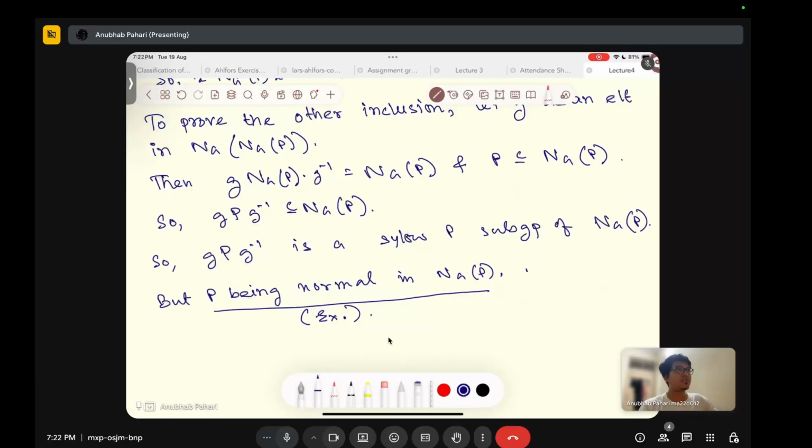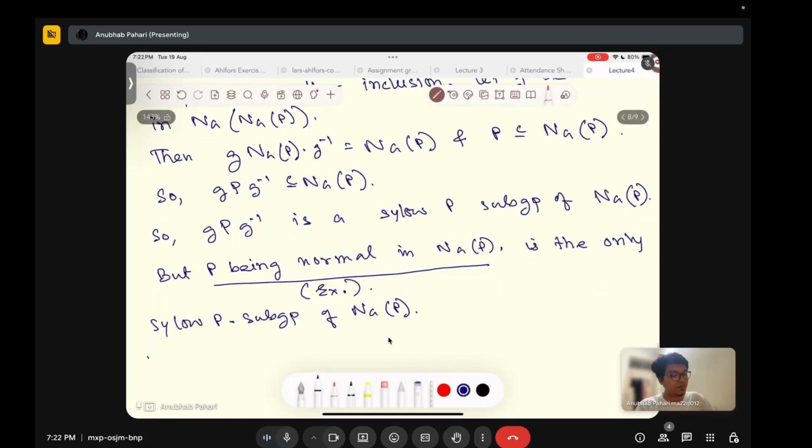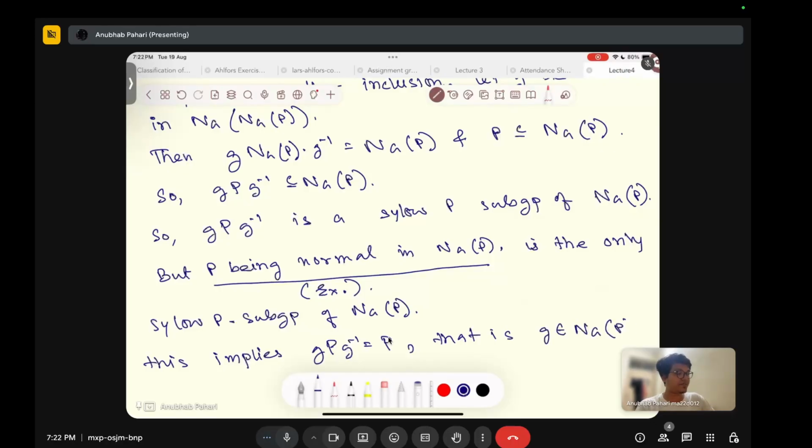So P is the only Sylow p-subgroup of N_G(P). This implies that g P g inverse equals P, that is, small g belongs to N_G(P), right?